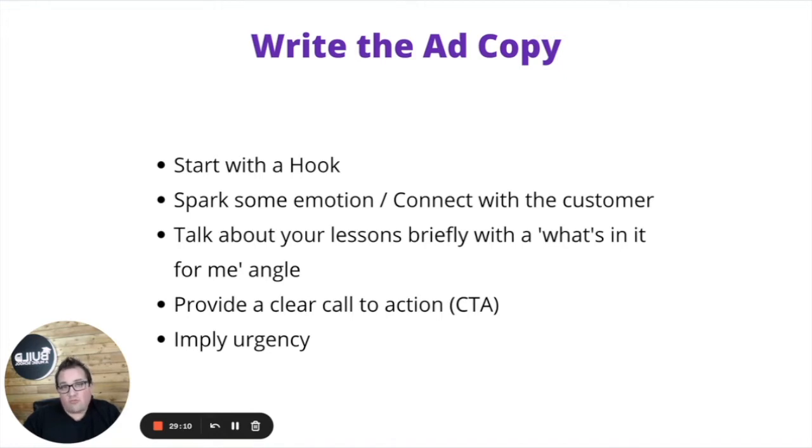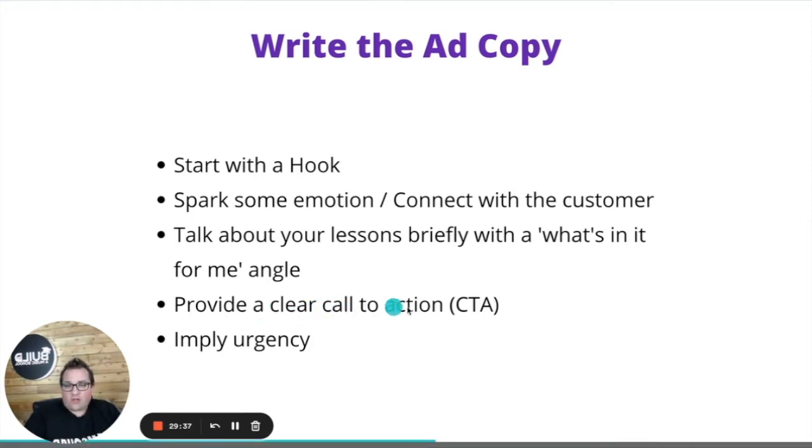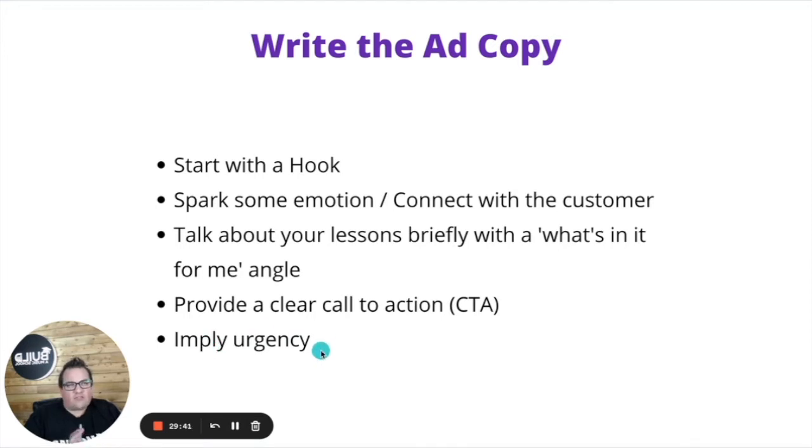And so everything that you write, even when you're writing the about page about yourself, you're writing it in a way that shares a bit of information about you, but it's really about the customer. What's in it for them? What are you going to do for them? Because most people, as much as we love and care for people, a lot of people think, well, that's cool, but what's in it for me? Will this work for me? So we've got to write in that way if we want our marketing to work well. Then we want to provide a clear call to action, and if it feels right, imply some urgency, and I'll show you how to do that in a sec.